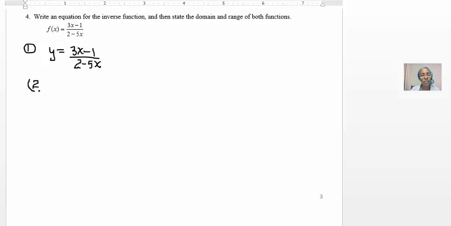Step 2 tells me, and what I want to note here is that in step 1, y is f of x. Step 2 tells me to, wherever I see an x, put y, and wherever I see a y, put x.